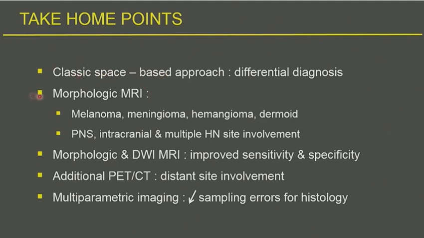Then carefully analyze your morphologic MRI images, because they will already enable you to make the diagnosis of a variety of tumors, namely melanoma, meningioma, hemangioma, dermoid cysts, etc. Look at perineural spread, intracranial and multiple head and neck site involvement with morphologic imaging. Add diffusion-weighted MRI to improve your sensitivity and specificity for the differentiation between benign and malignant lesions.